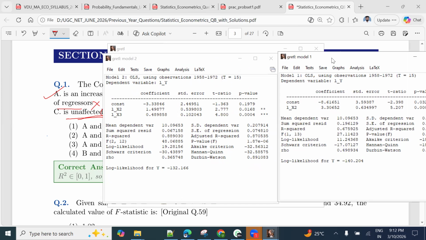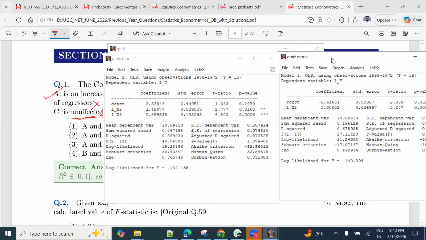But labor is actually x2. X2 is the coefficient for labor, and x3 is capital.